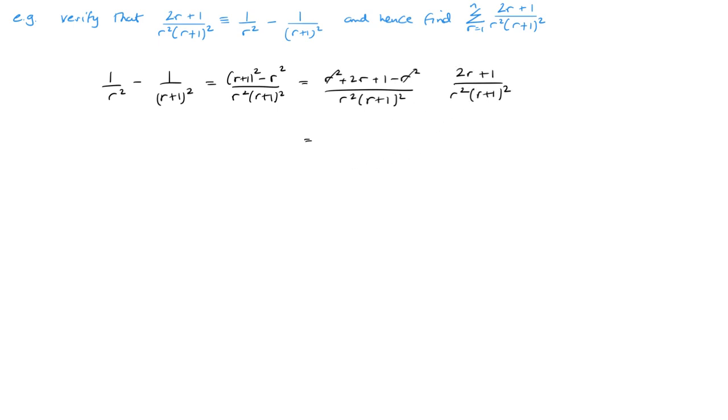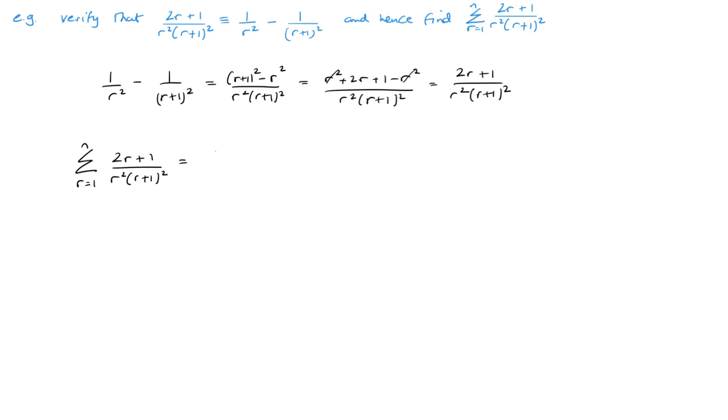I'll just stick that up there to give myself plenty of room. So that's the first bit done. Now I need to look at the second bit, the method of differences. We have this sum between 1 and n of 2r plus 1 over r squared, r plus 1 squared.